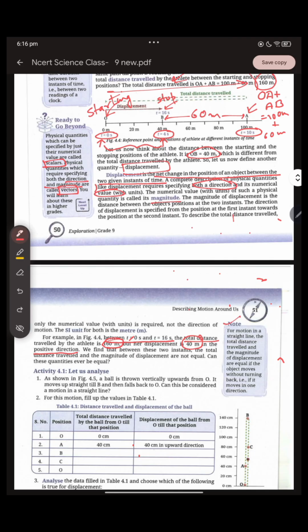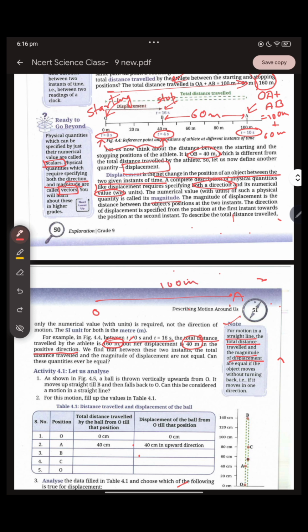Now, for a motion in a straight line, the total distance traveled and the magnitude of the displacement are equal if the object moves without turning back. That is, if it moves in a straight line. Had it been moving from O to A, then the distance and the displacement both would have been 100 meter.